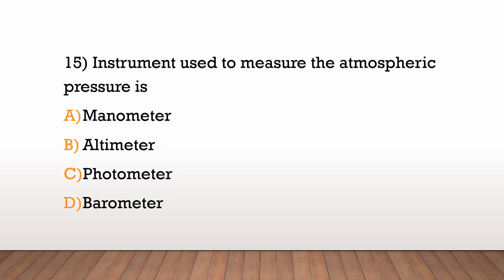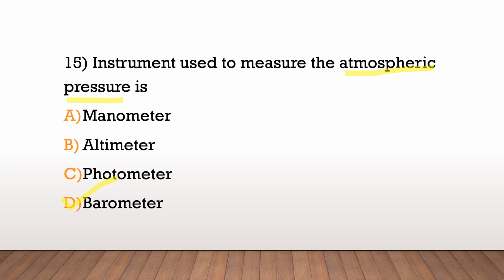So the next question is, instrument used to measure the atmospheric pressure is A. Manometer, B. Altimeter, C. Photometer, or D. Barometer? So we've already studied atmospheric pressure means it is D. Barometer.